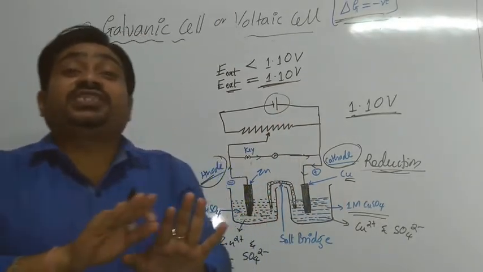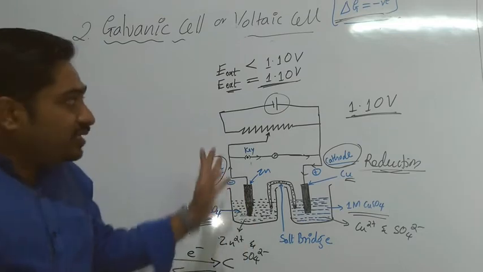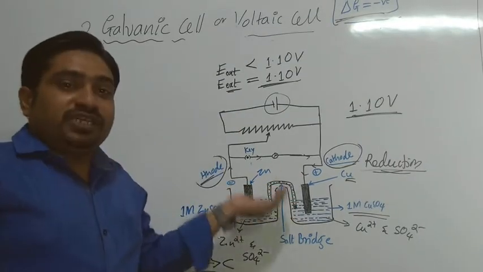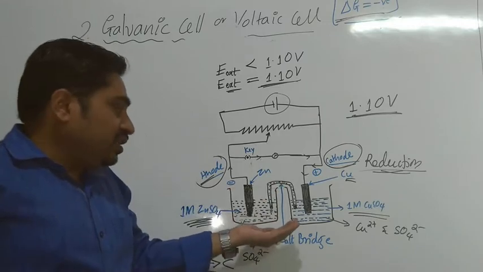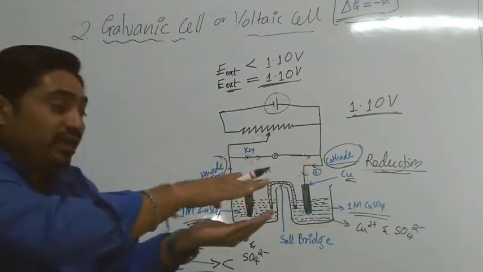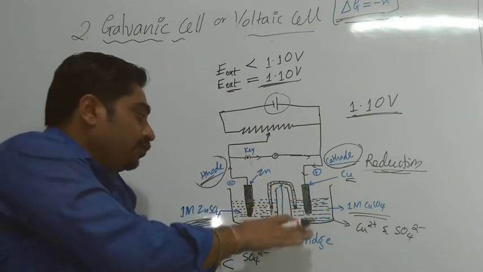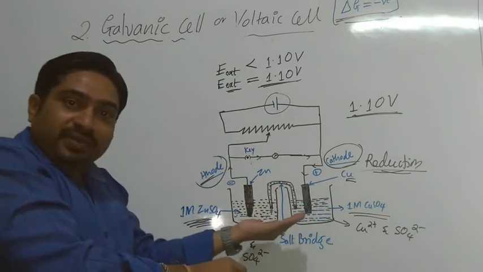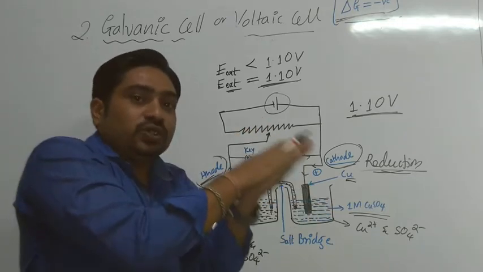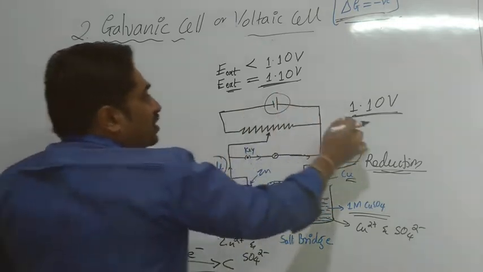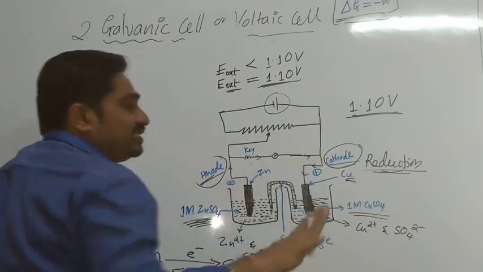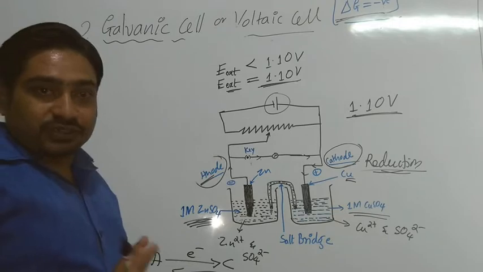The chemical reaction stops altogether. Because 1.10 volt is produced by this chemical reaction, and I am adding external potential exactly the same, the net potential becomes equal to 0. The chemical reactions at these two electrodes stop altogether.